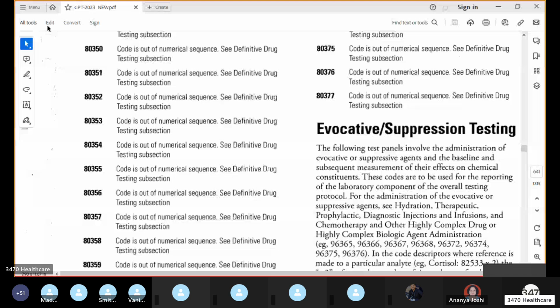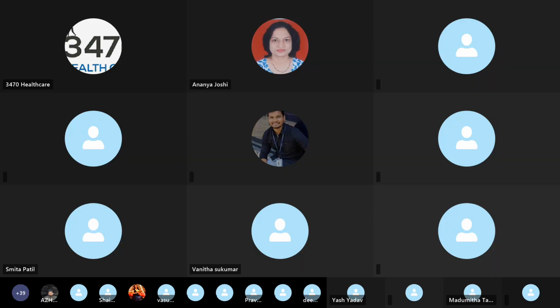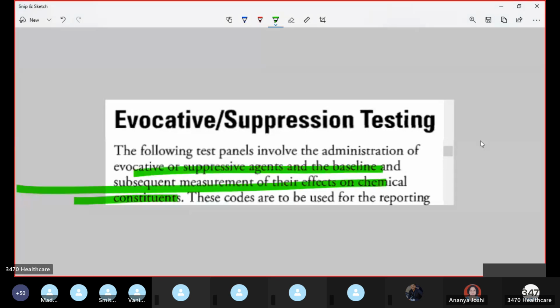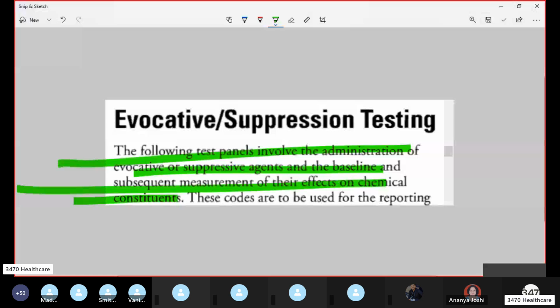Please keep the header evocative and suppression under the first 4 lines, up to constituents you can write. Please write everyone.